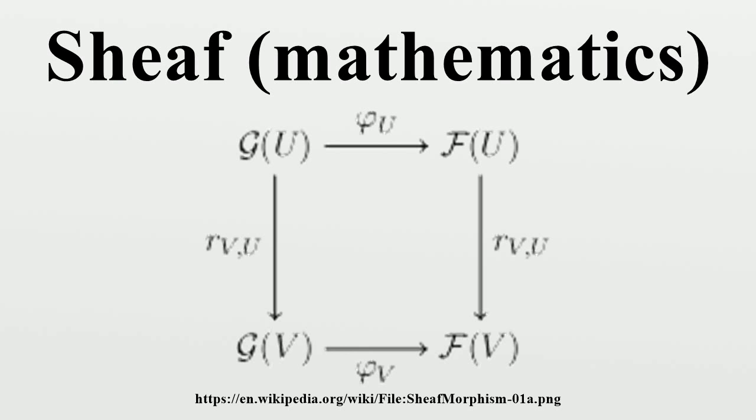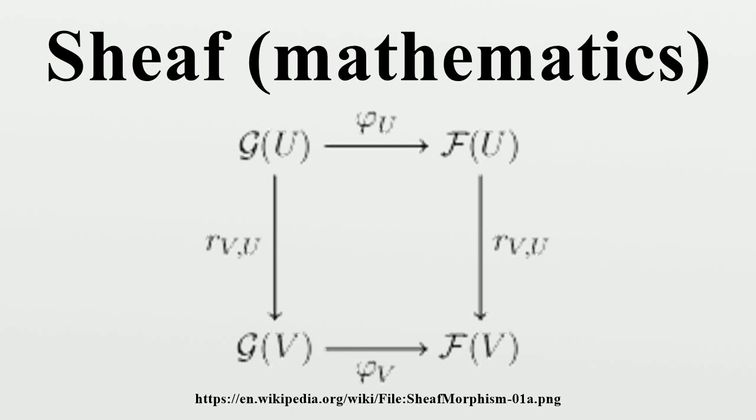The restriction morphisms are required to satisfy two properties. For every open set U of X, the restriction morphism res_{U,U} is the identity morphism on F(U). If we have three open sets W ⊆ V ⊆ U, then the composite res_{W,V} ∘ res_{V,U} equals res_{W,U}.